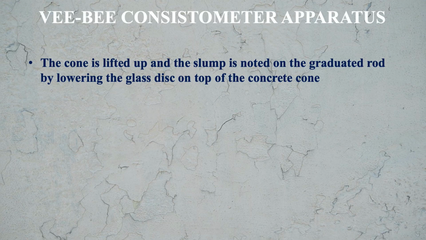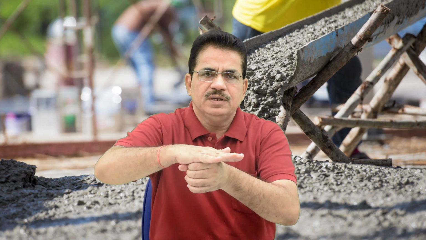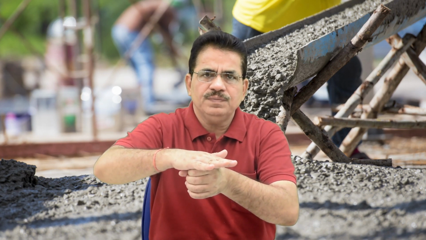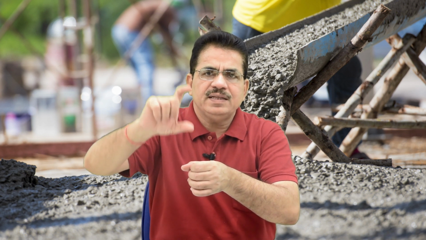So initial reading we have noted on the graduated rod. Now the cone will be lifted up and the slump is noted on the graduated rod by lowering the glass disc on the top of the concrete cone. So here the glass disc will touch the top of the concrete cone and we will take the reading on the graduated rod. So that way we can measure the slump.